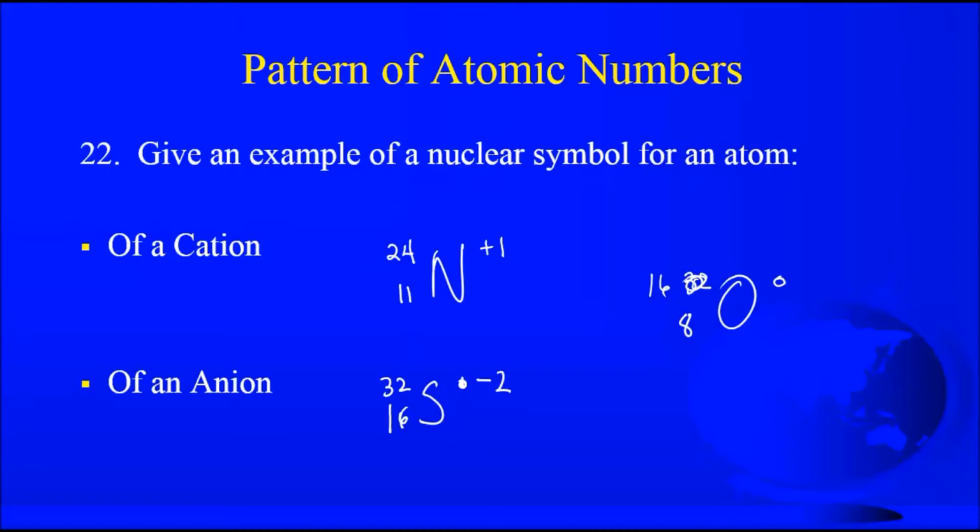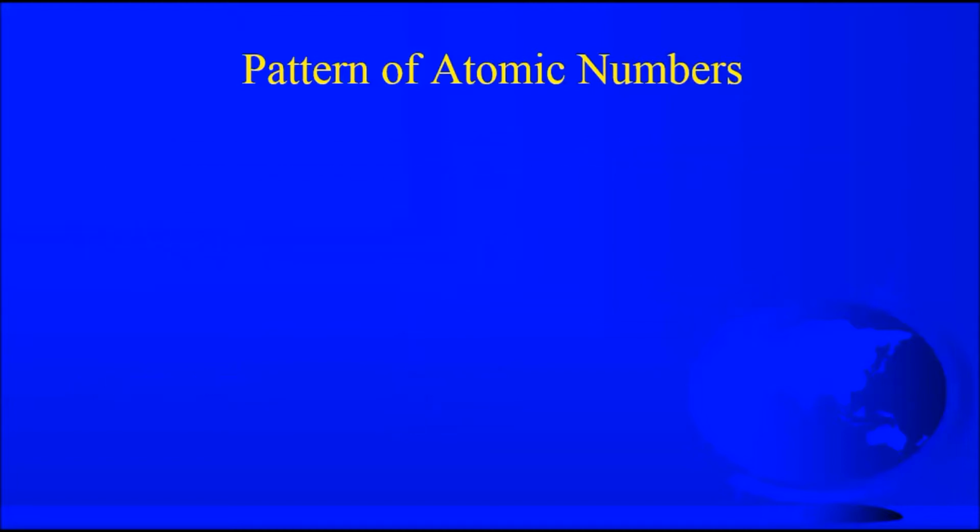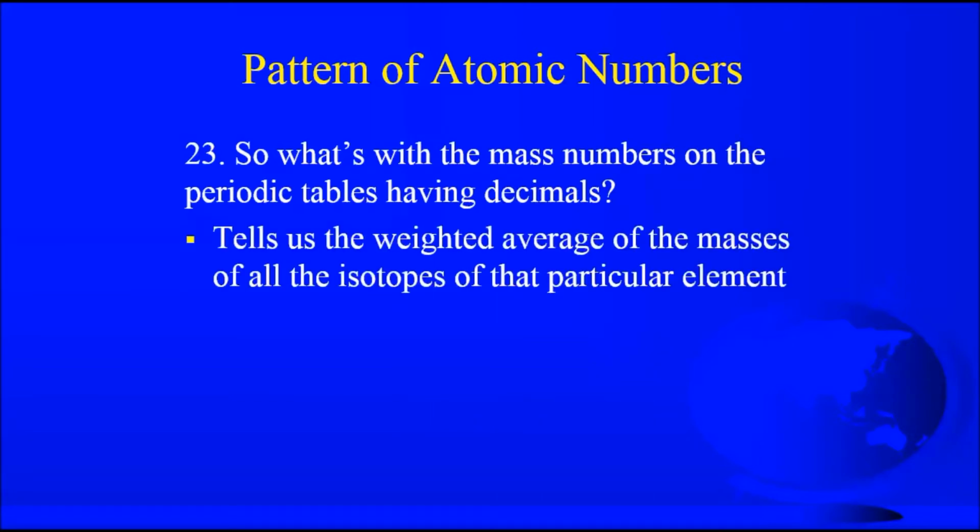The number below the symbol is its mass number, but it actually has decimals. Why does it have a decimal? Well, have you heard of identical twins? Yes. Okay. Every element has an identical twin which is slightly different from it.